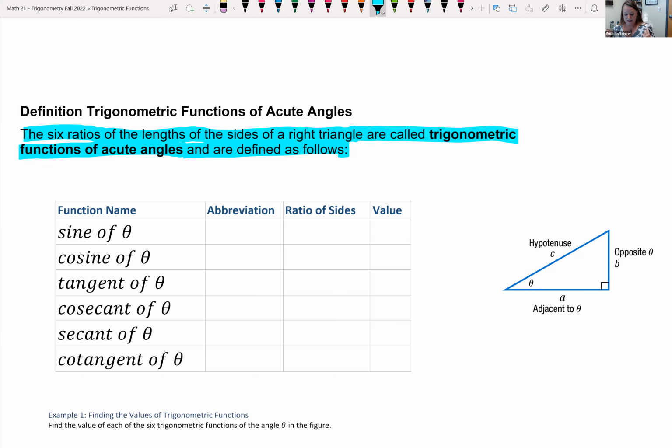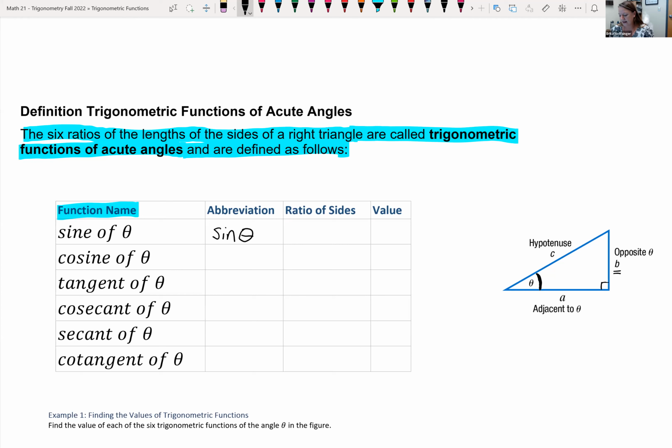So we have 6 trigonometric functions. The function names are right here in front of us, and we have abbreviations for each one of these. We have sine of theta, and the abbreviation is SIN. We don't say sin theta, we say sine theta. If you look at sine theta, you have to look at the angle on your triangle. So there's a right triangle here with angle theta, and sine theta is the ratio of opposite side over hypotenuse.